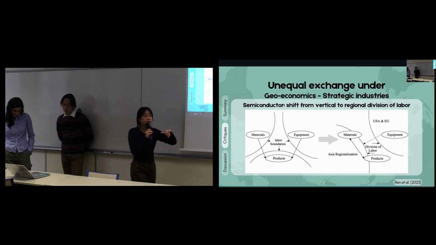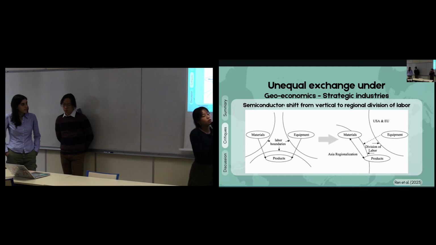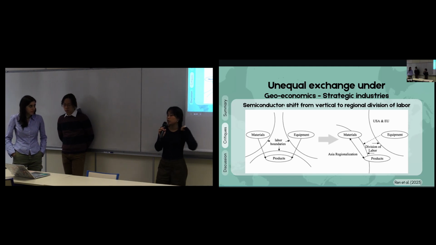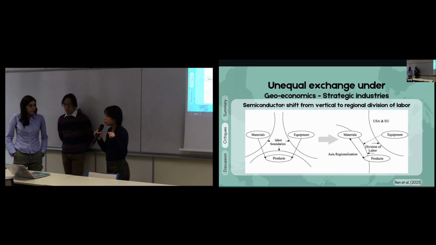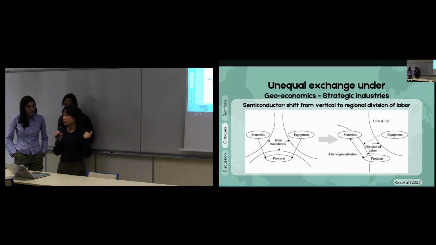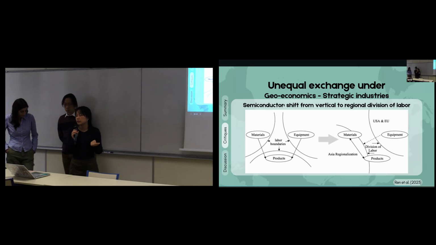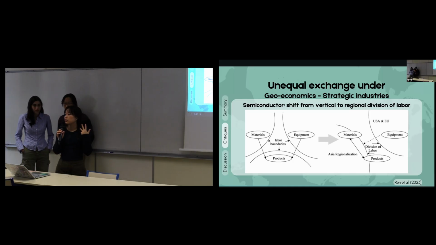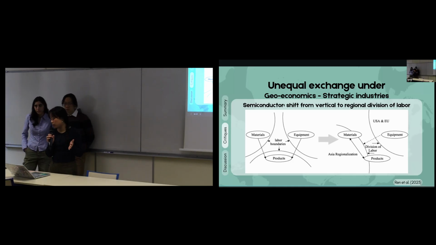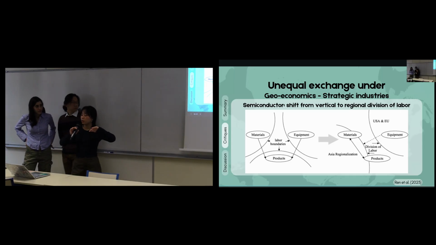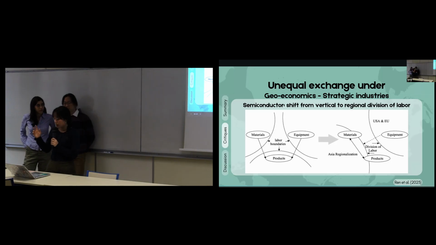For the case of semiconductors, as you can tell, the USA and EU are specializing in producing equipment, while Asia, including China, Japan, Taiwan, South Korea, and more or less Vietnam and Indonesia, is now focusing on materials and products. So labor is now divided within regions.